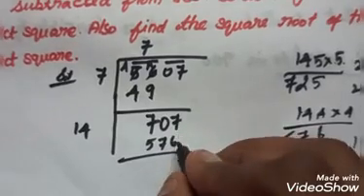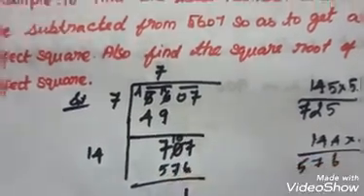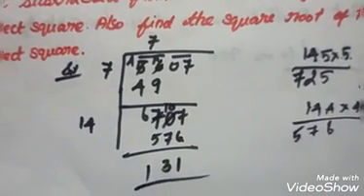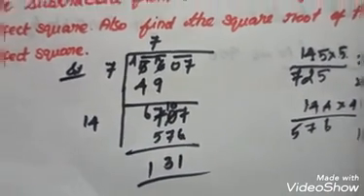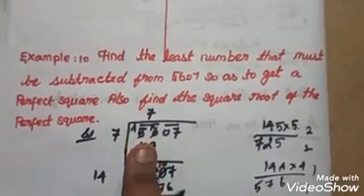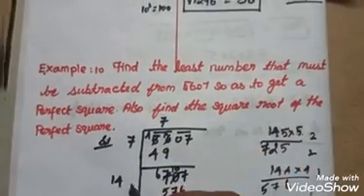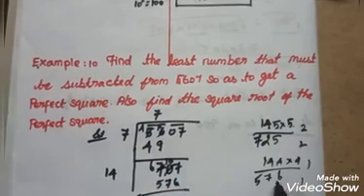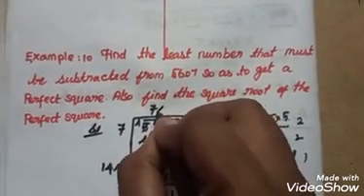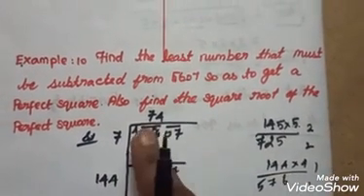Now you subtract it. 7 minus 6, 1. So it becomes 10. 10 minus 7, 3. It becomes 6. 6 minus 5, 1. So 131 is the smallest number. So if you subtract this 131 from 5607, you get a perfect square. Here we take 4, so 74 square.